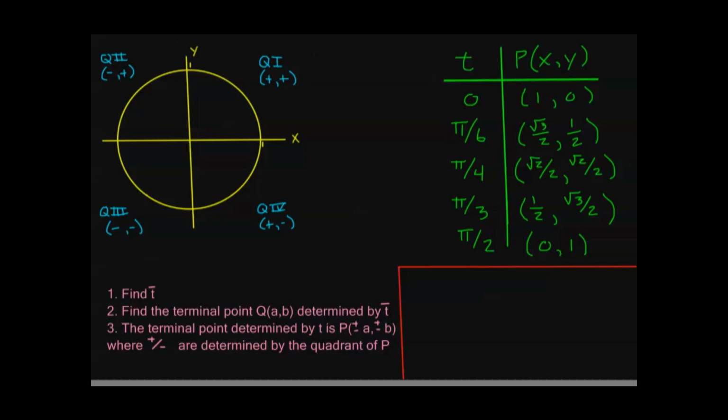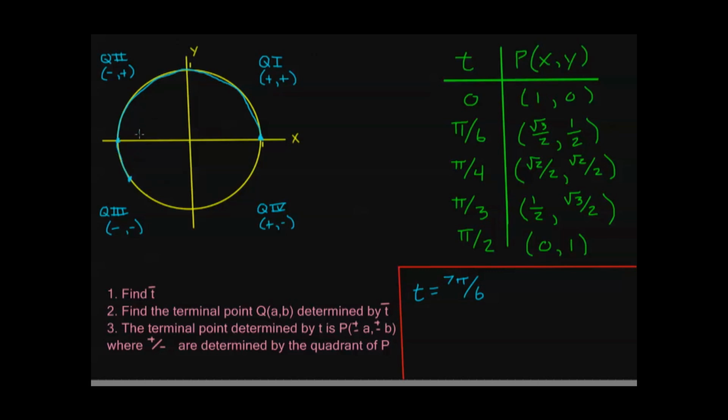Okay, let's say I have now a t equals 7 pi over 6. That should be a good one. All right, now 6 pi over 6 is the same as pi. So 7 pi over 6 means that I'm going 1/2 rotation around my circle, and then I'm going an additional pi over 6, isn't it?